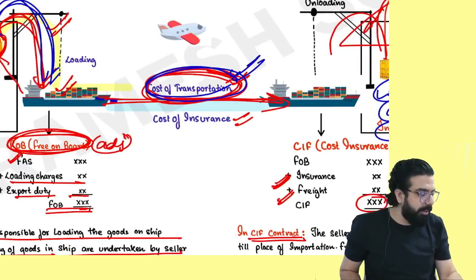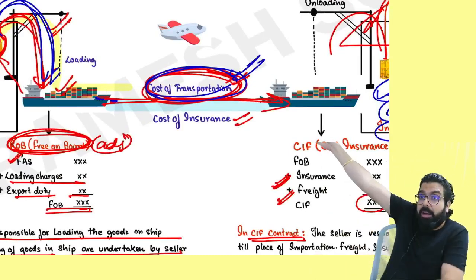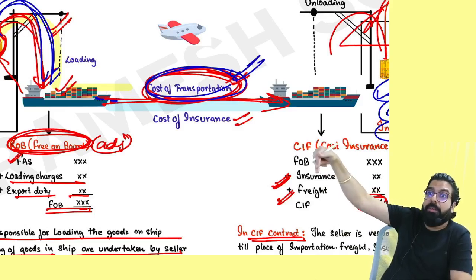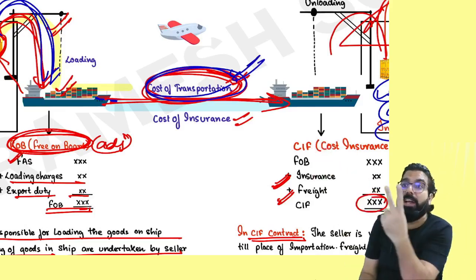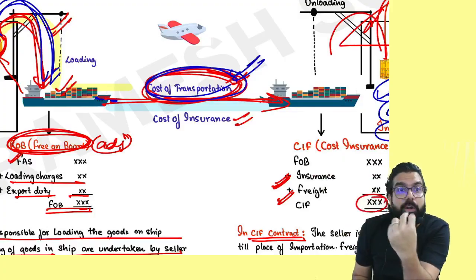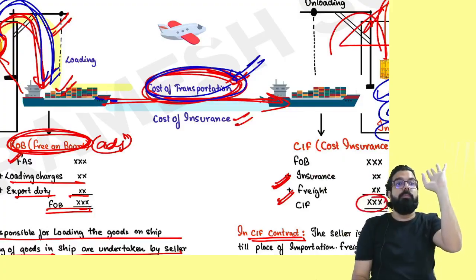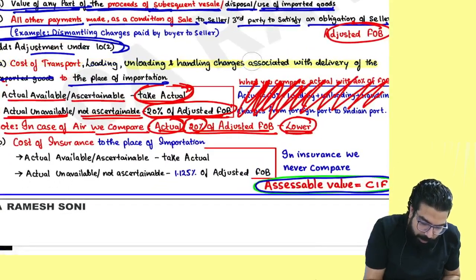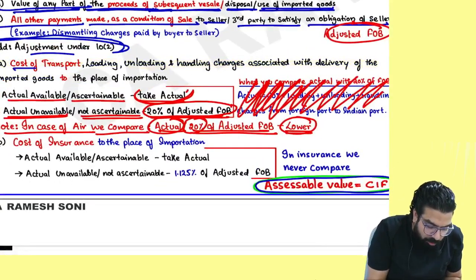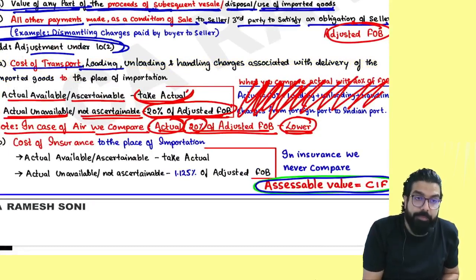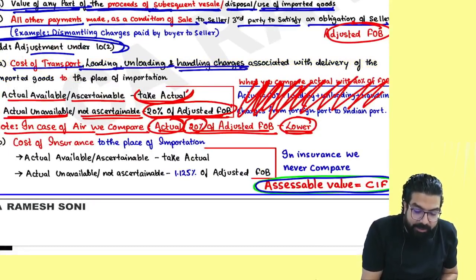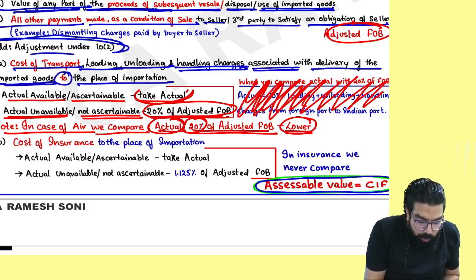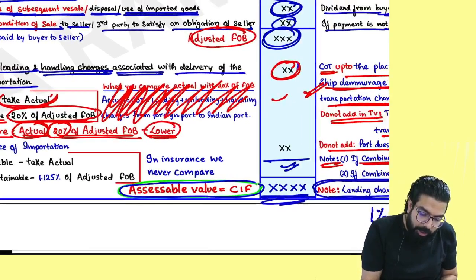But now what interpretation is taken, you know, कि US का loading, unloading, handling charges, on the way का transport. If you take 20%, they assume, what did they assume, everyone? Cost of transportation, loading, unloading, handling charges associated with the delivery of the imported goods up to the place of importation is to be taken.